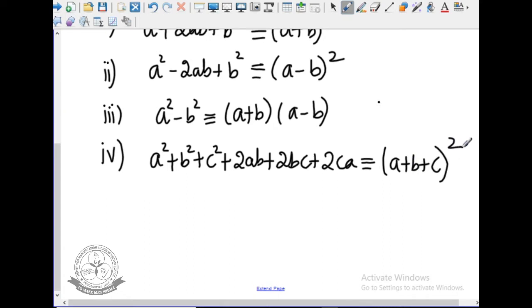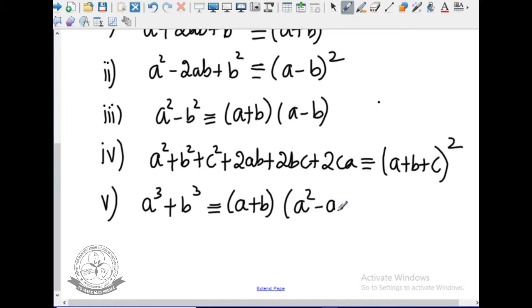Then the next one, a cube plus b cube is identically equal to a plus b into a square minus ab plus b square.